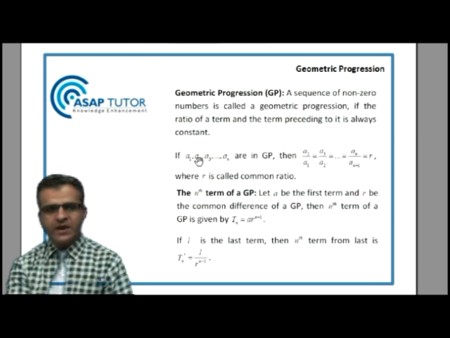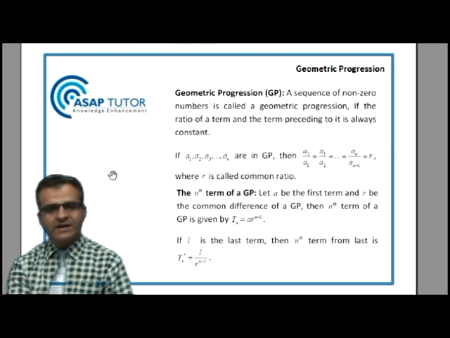the ratio of a2 by a1 equals the ratio of a3 by a2 equals the ratio of a4 by a3 and so on up to an by an minus 1, and this ratio we denote by r, which is known as the common ratio.